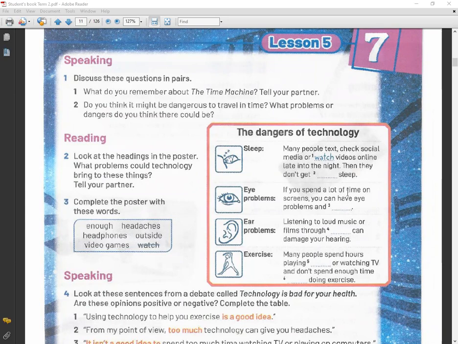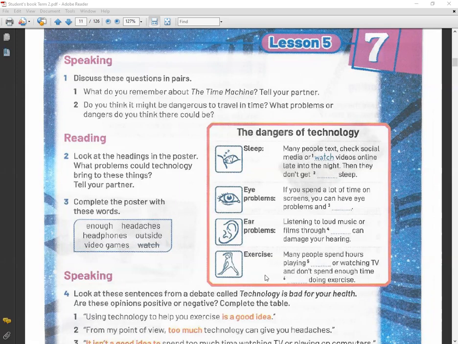In exercise 3, we have to complete this poster using these words. Eye problems. If you spend a lot of time on screens, you can have eye problems and headaches. Excellent. Ear problems. Listening to loud music or films through headphones can damage your ears or your hearing.